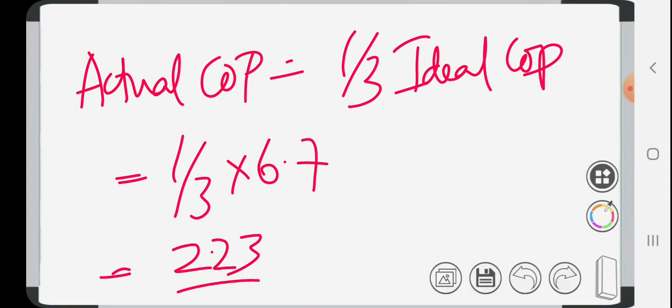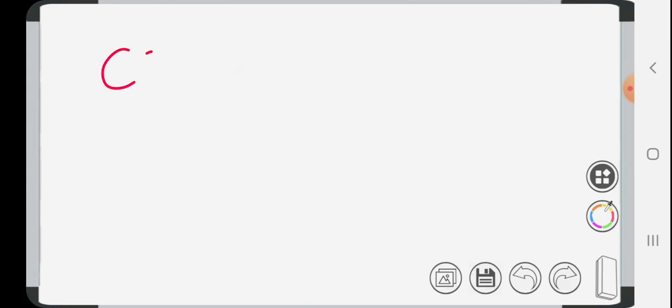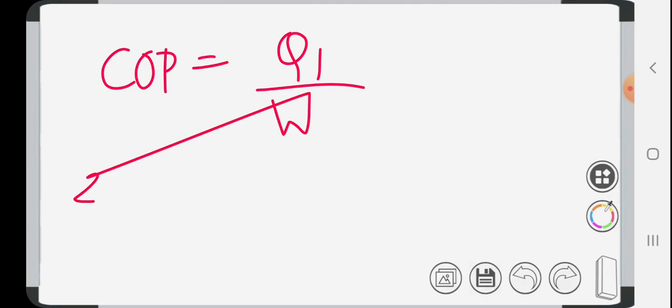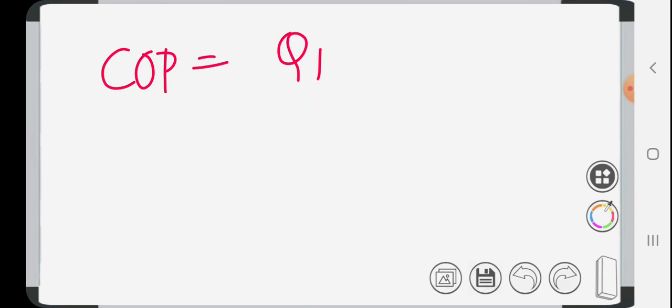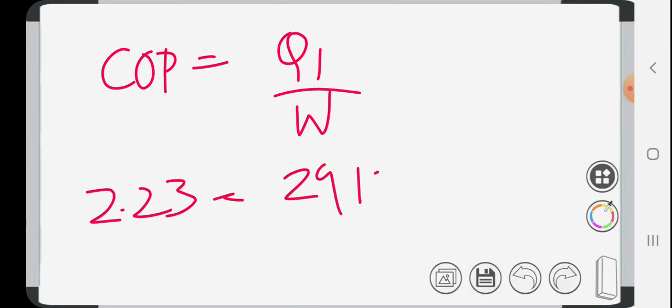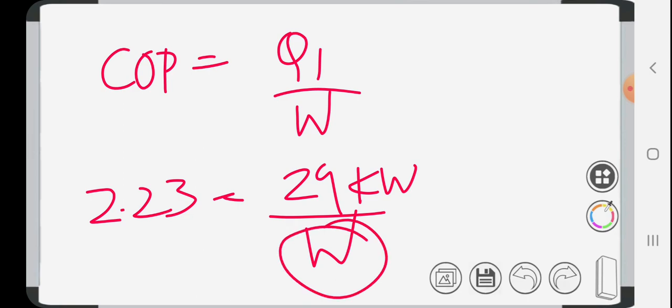So COP is equal to Q1 by W, right? So 2.23 will be equal to Q1, which is 29 kilowatt, and W is unknown. So we have to calculate W, the power required to drive the refrigerator.